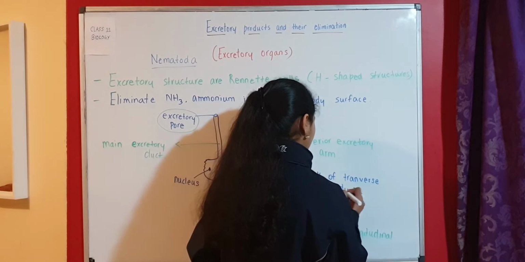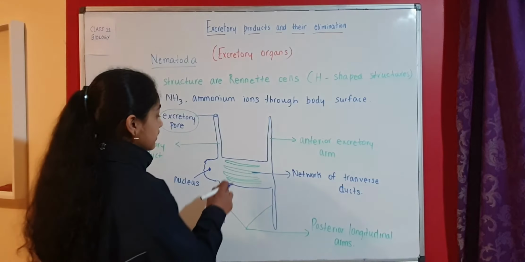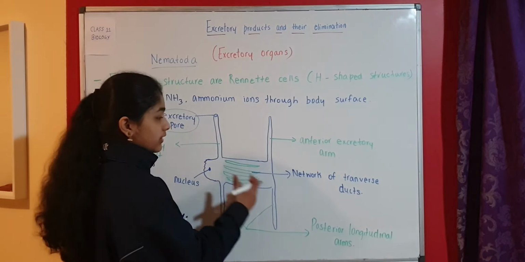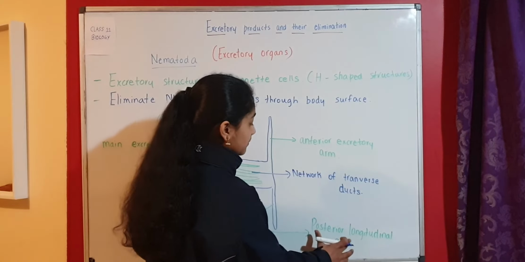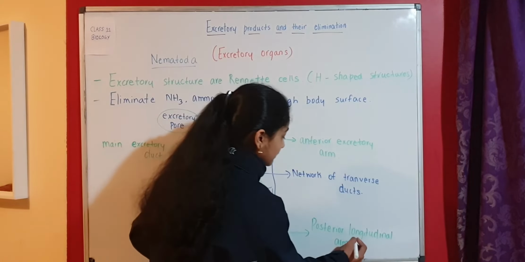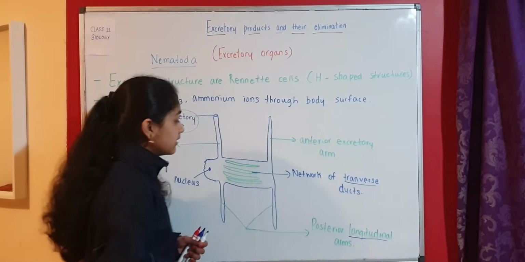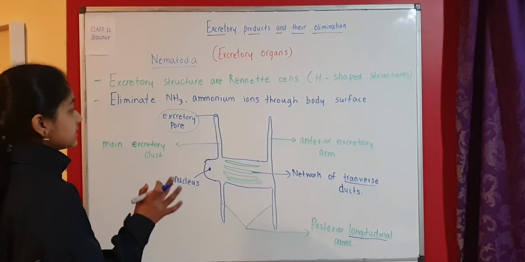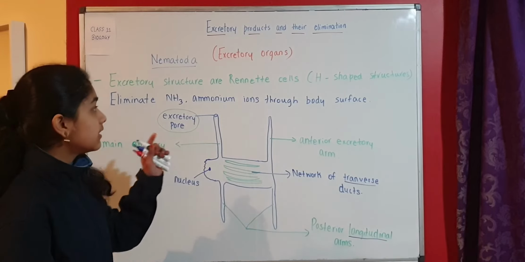Because it's present horizontally, it's called the network of transverse ducts. Here it's present in a vertical manner, so it's called the posterior longitudinal arms. So longitudinal and transverse here. These are arms and these are ducts. And this looks like a network-like structure. So this is the whole structure of the H-shaped structure, that is Rennet cells.